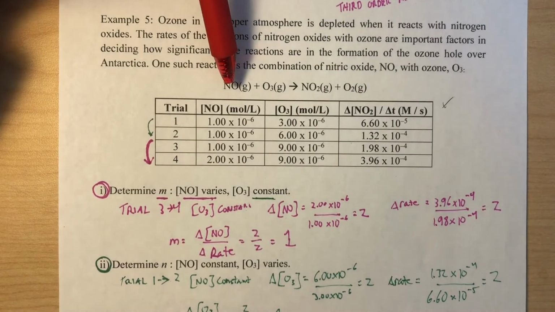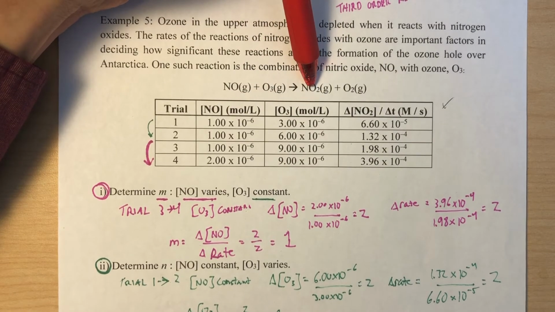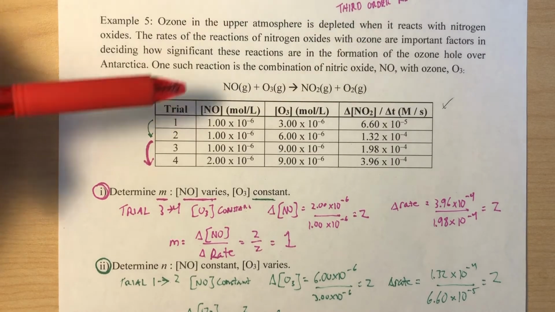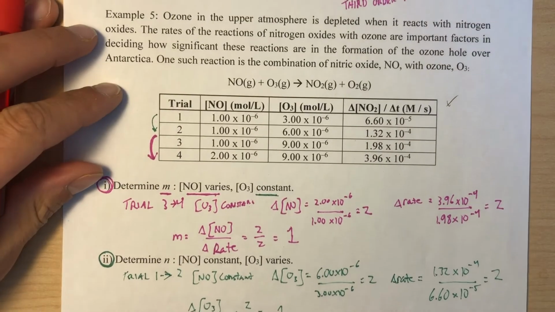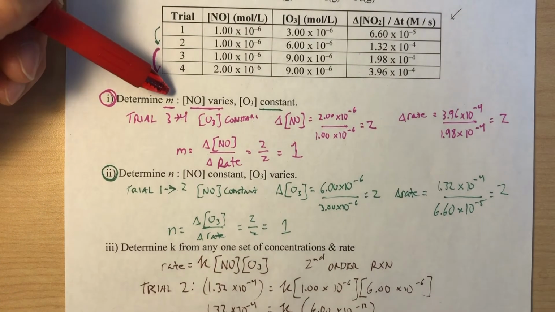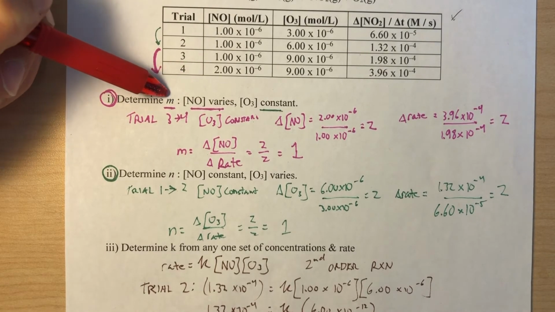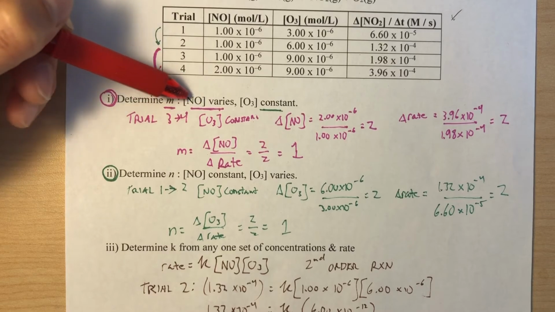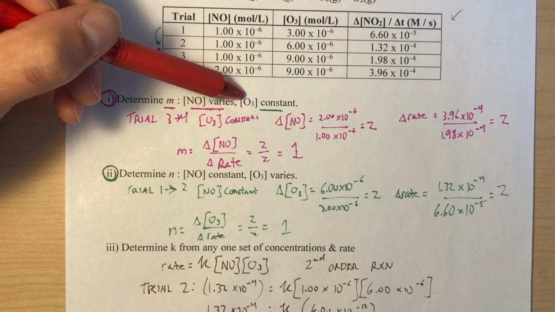So in 4 different trials, the nitric oxide concentration has been changed, the ozone concentration has been changed, and the formation of NO2 has been observed. We can use this set of data to determine the order of the reaction. For example, when we are determining the exponent m, which is going to be the order of NO in this reaction, we must keep ozone constant.